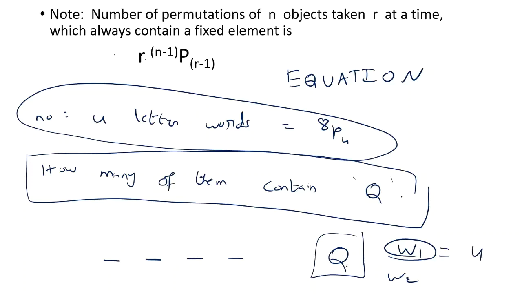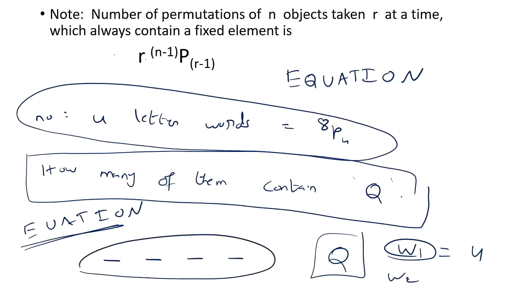Now after completing this work W1, from the letters of the word EQUATION we have already filled Q. After filling Q, the letters that we are left with are U, A, T, I, O, N. So we have these 7 letters. Now how many places do we have? We actually have 4 places, but we have filled one of them with Q, so we will be left with only 3 places.